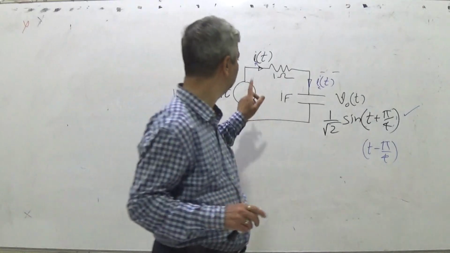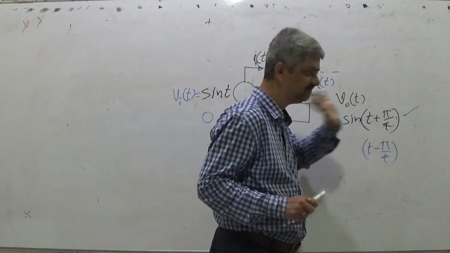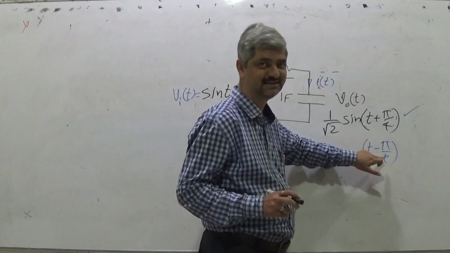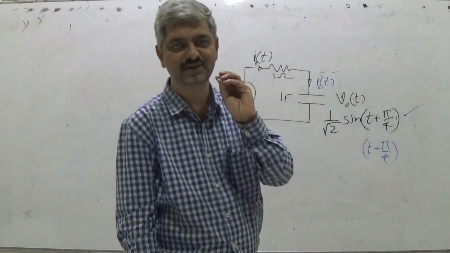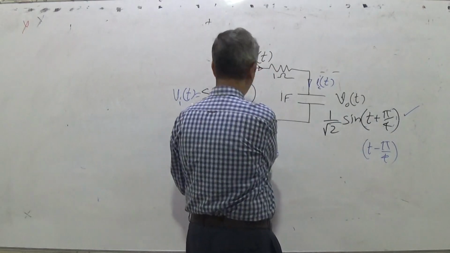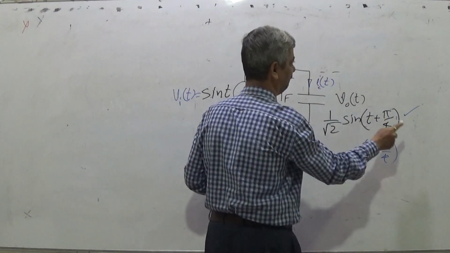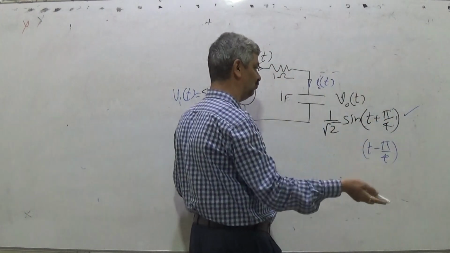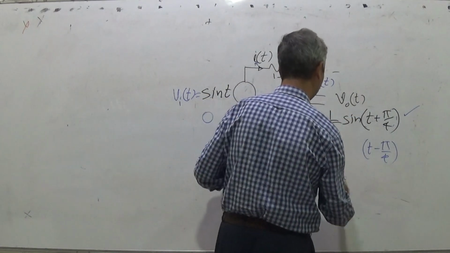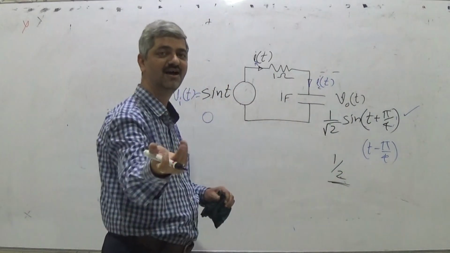So the output is 1 by root 2 sin t plus pi by 4, let us say. Plus or minus, you find out exactly. I am giving you this as an exercise. So at t equal to 0, the input is 0, the output is sin of 0 plus pi by 4, that is sin 45 degrees, which is 1 upon root 2. So 1 upon root 2 into 1 upon root 2, the answer is half. So the input is 0, the output is half. From where has this come?